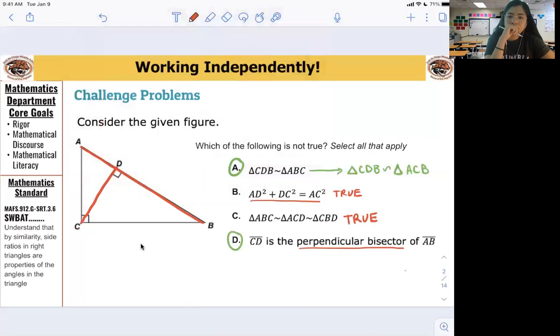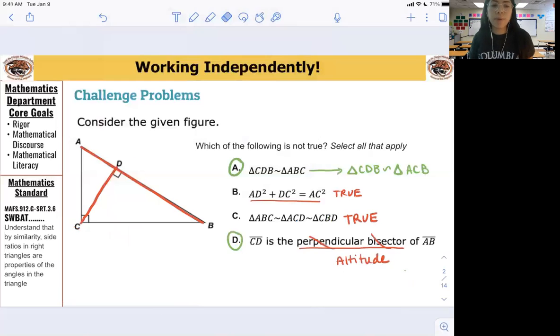It is the altitude of AB. If you flip it over, that would be the height. If this is the base of the triangle, then this would be the height of the triangle. So that's why we call it the altitude.